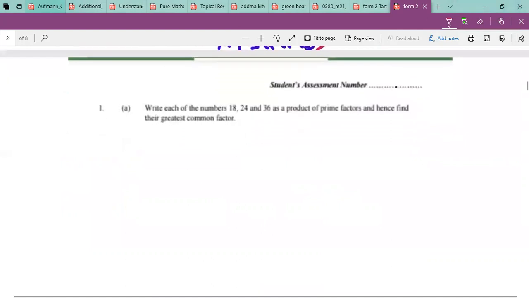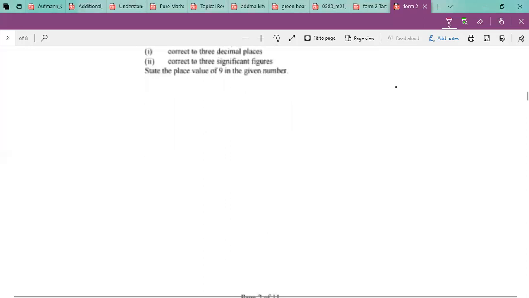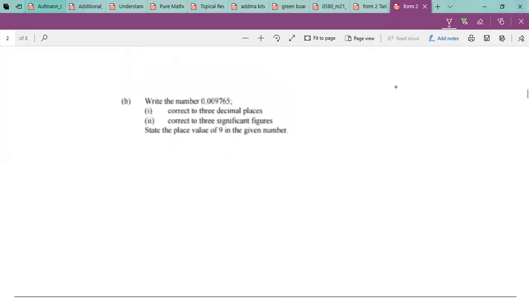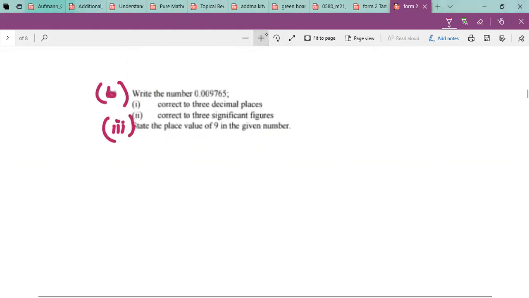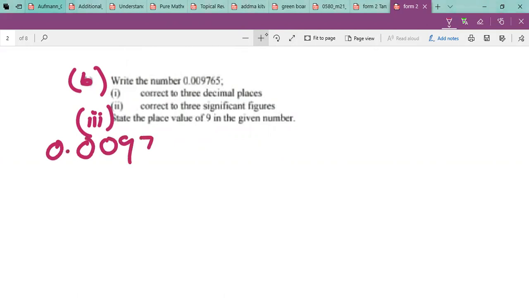Take note, this one is just a repetition, so we are here now. I'm sure this should have been number 3. This is B. This is the question. Write the number 0.009765 (i) to 3 decimal places.